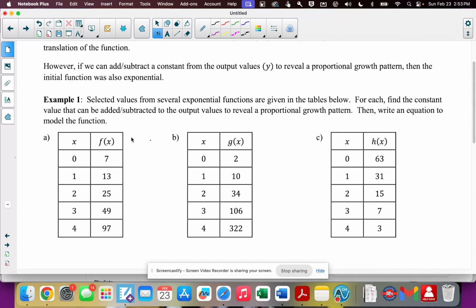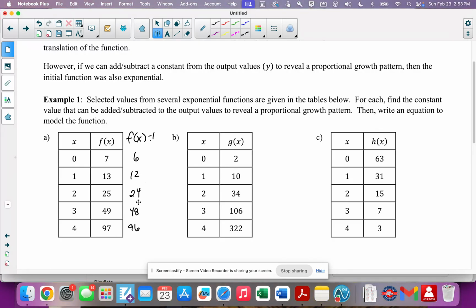So if I subtracted 1 from each one of these output values, I would get 6, 12, 24, 48, and 96, which is a very recognizable pattern. You can immediately tell that you're multiplying by 2 every single time. 6 times 2 is 12, 12 times 2 is 24, and so on.